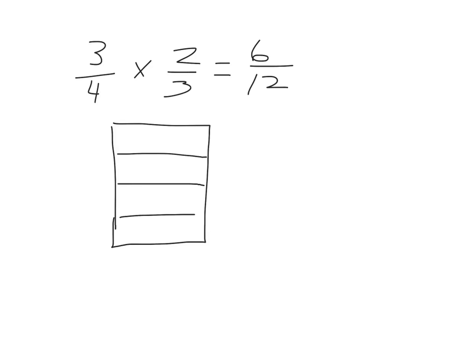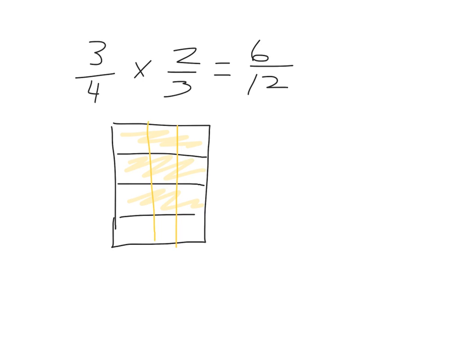This can be seen in a drawing with 3/4 of 2/3. So I've drawn 3/4. Now I am going to break this into 2/3. So I've broken it into the 2/3.